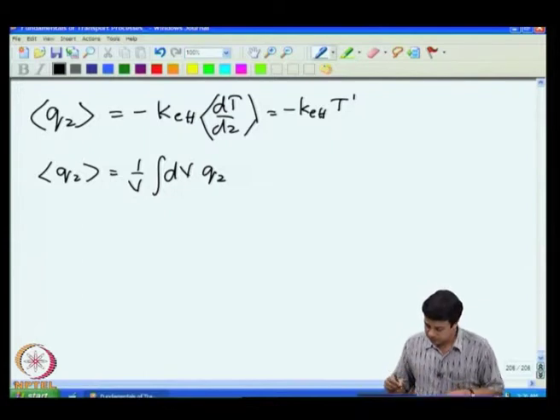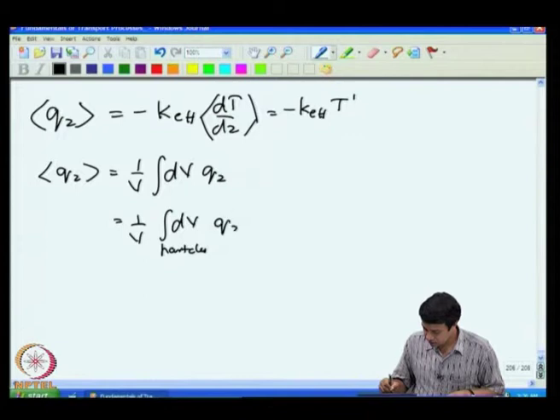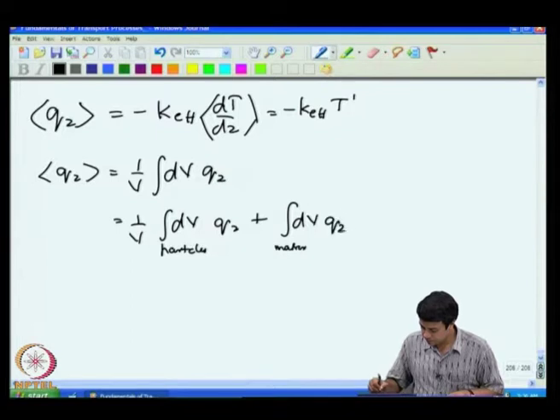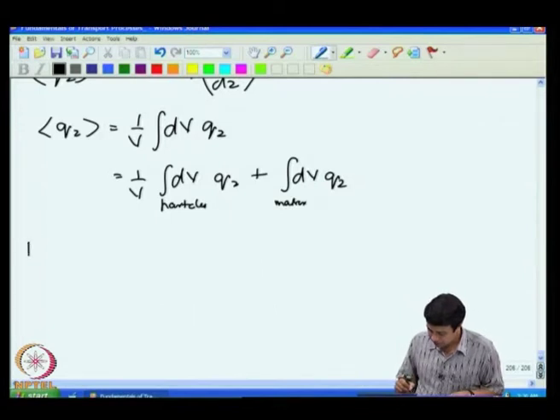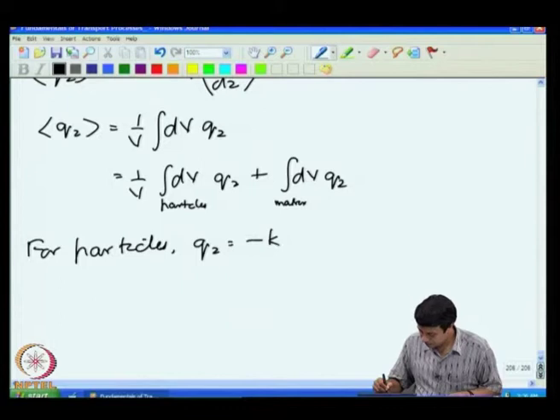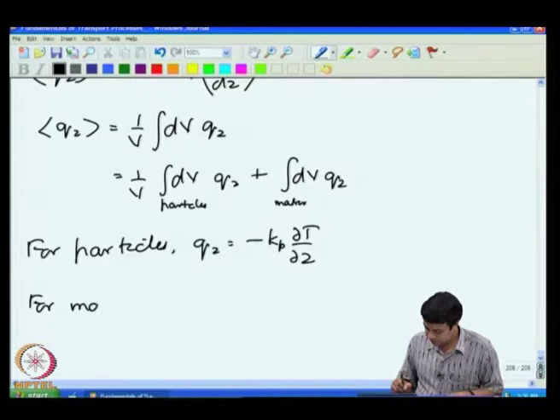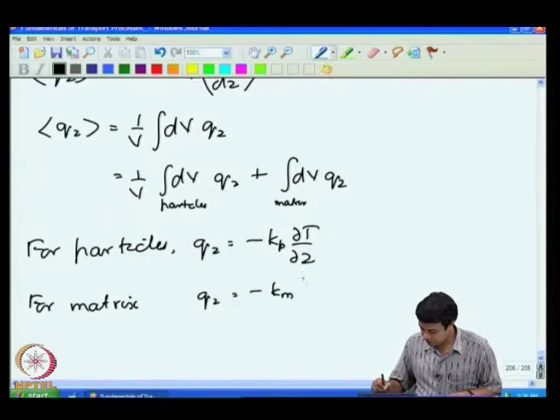Now, this I can separate out into two parts, one integral over the particles of Qz plus an integral over the matrix. For the particles, Qz is equal to minus k particles dT by dz, and for the matrix, minus km dT by dz.